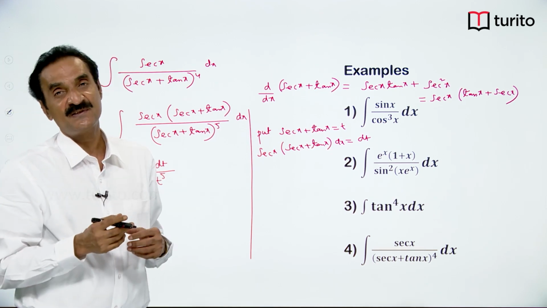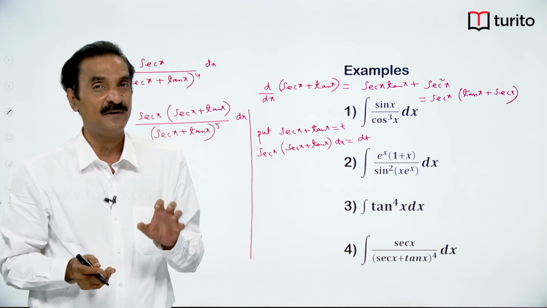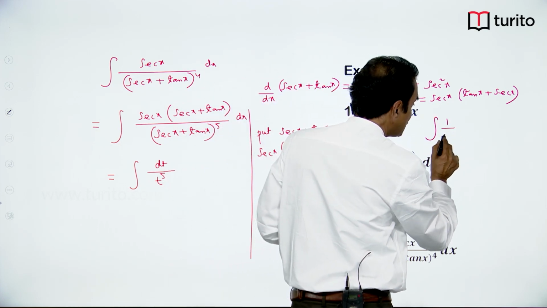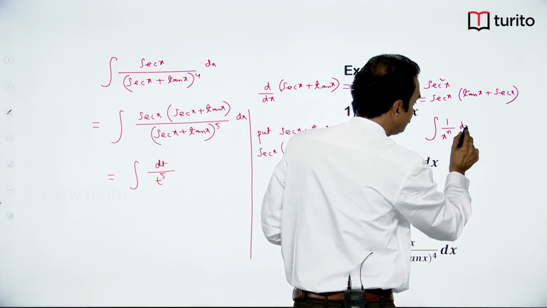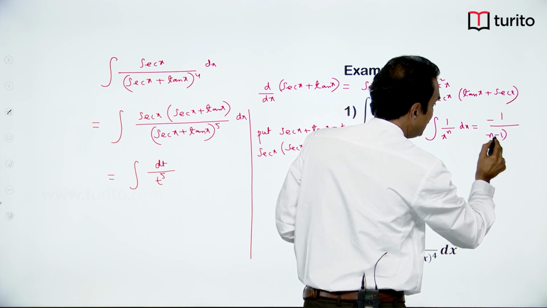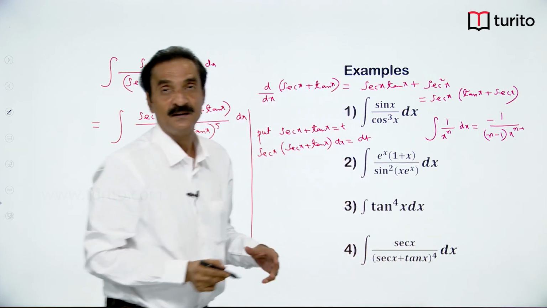We have already discussed the formula for integral 1 by x power n in our previous class. Integral 1 by x power n is minus 1 by n minus 1 x power n minus 1.